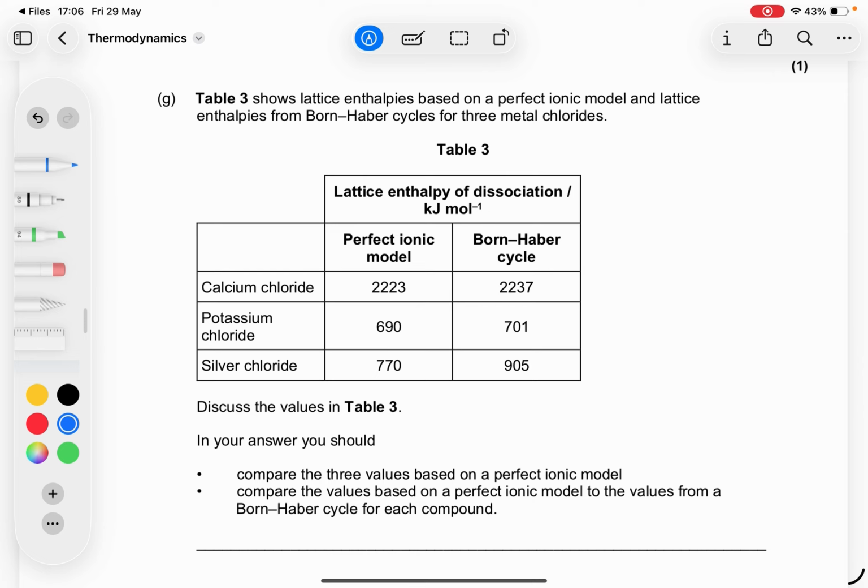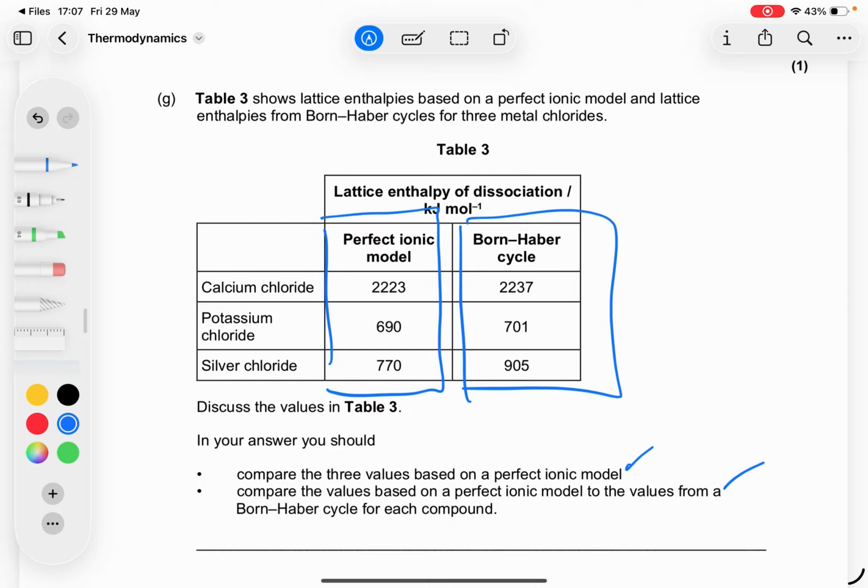So you've got lattice enthalpies based on perfect ionic model and Born-Haber cycle. Okay, so let's look at it like this, because the question says compare the 3 values based on perfect ionic, based on Born-Haber cycle, and discuss these values.